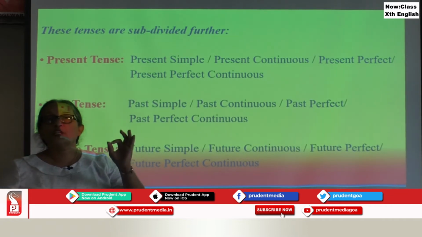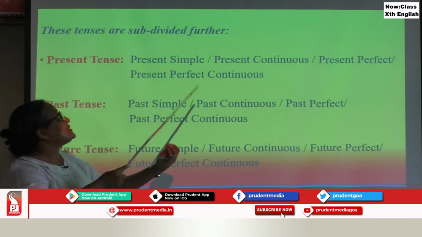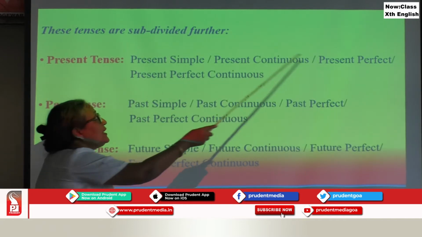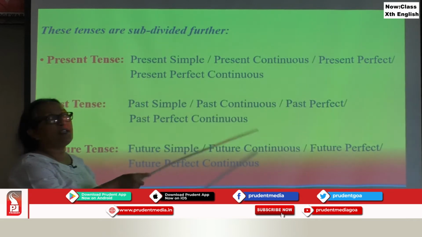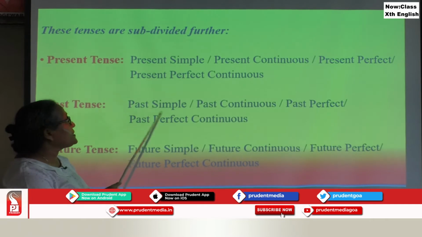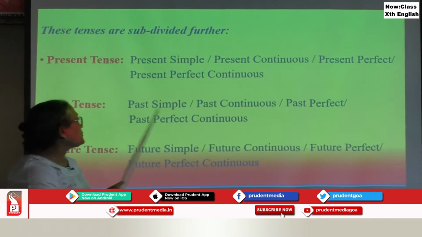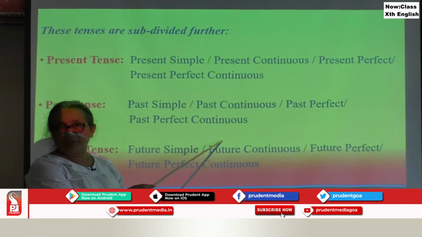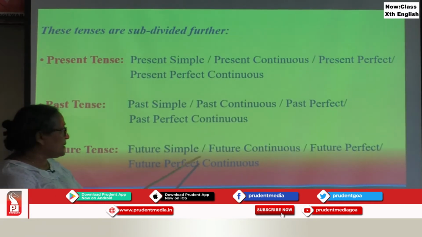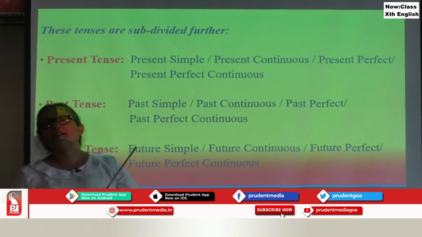No, you've got to specify: is it present simple, present continuous, present perfect, or present perfect continuous? Similarly, past simple, past continuous, past perfect, or past perfect continuous? Is it future simple, future continuous, future perfect, or future perfect continuous?